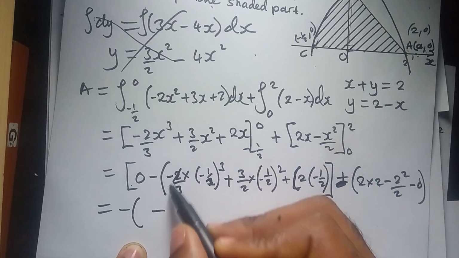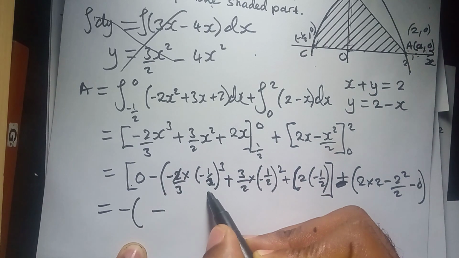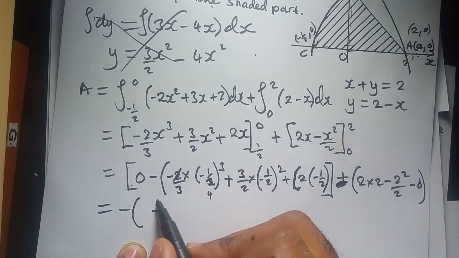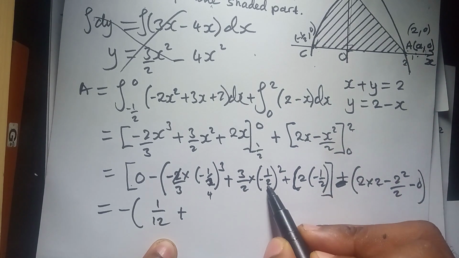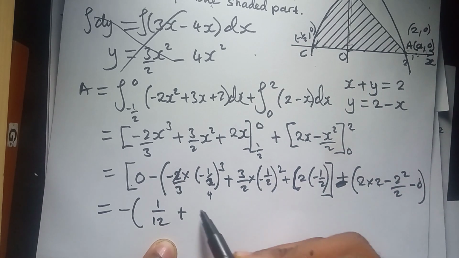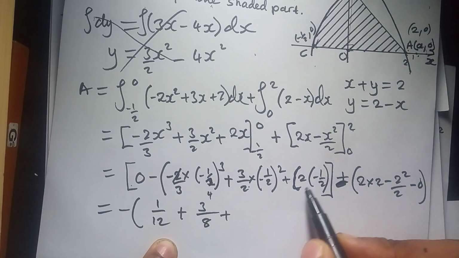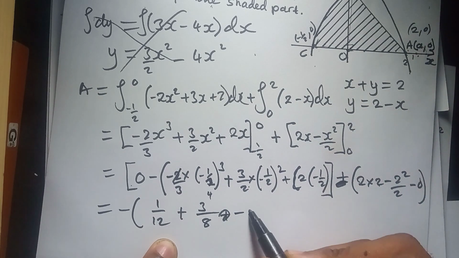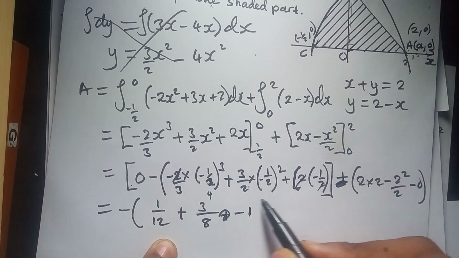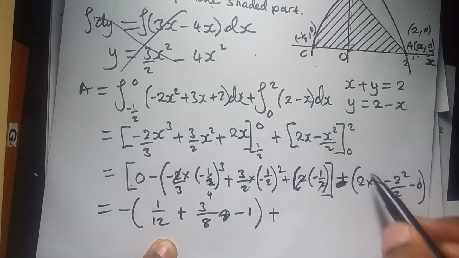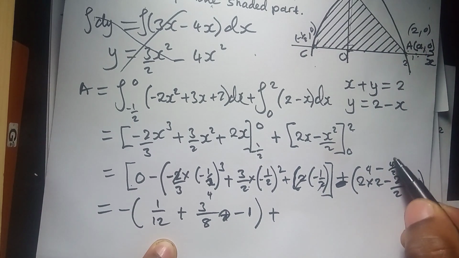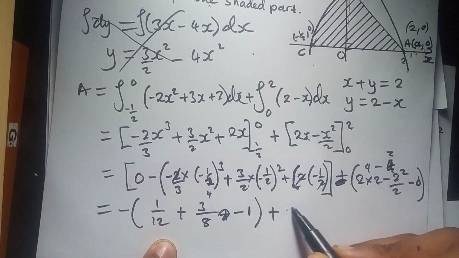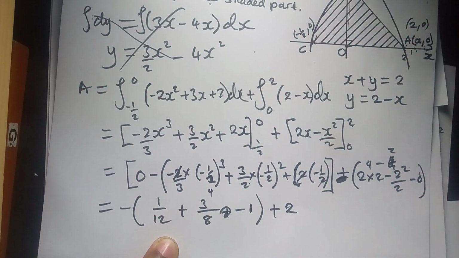And then 2 into 8, you have a 4, so this one will give us 1 over 12. And then plus, this is 1 over 4 multiplied by this, we have 1 over 8. And then this one will be a negative 1, since these two will go. Then plus, we say this is 4, then this is 4 over 2, so that's like 4 minus 2, which is just a 2.